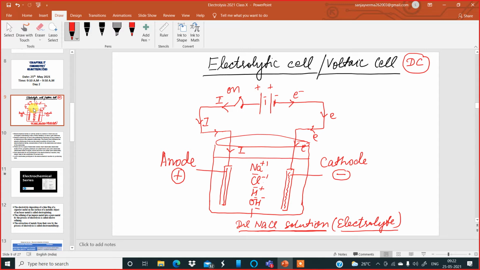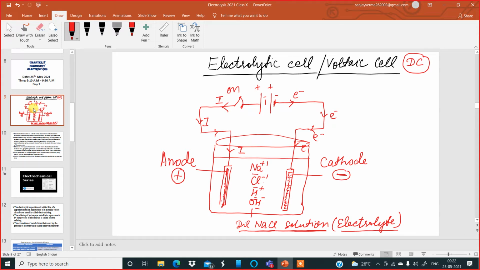Now the anode, we already know, is carrying a positive charge because the current is coming to it, and the cathode is carrying a negative charge because all the electrons are coming to it. Electrons, we know, carry negative charges. That's why the cathode acquires a negative charge and the anode acquires a positive charge.